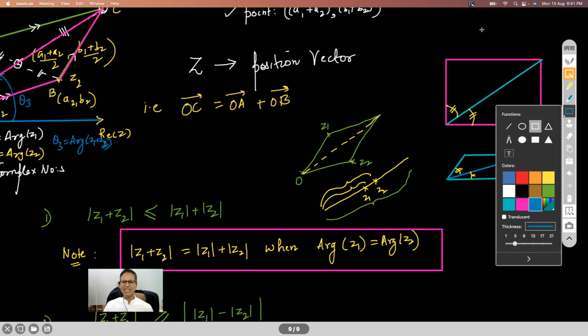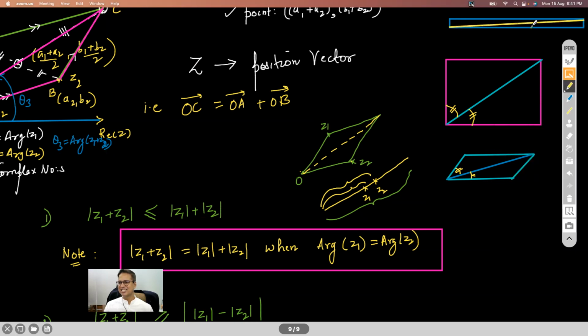If you are thinking like that, let me make a very skewed rectangle for you. Now, do you think this tiny angle is equal to this angle? Yes, when it's a square. And in this case, it should be a rhombus kind of figure.